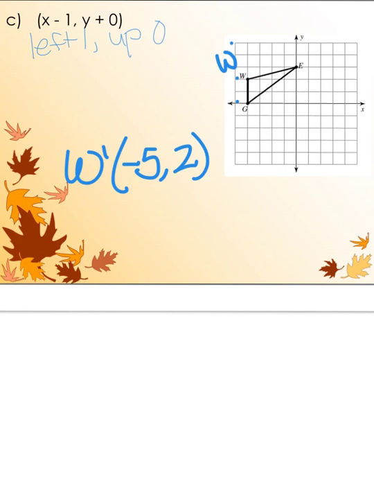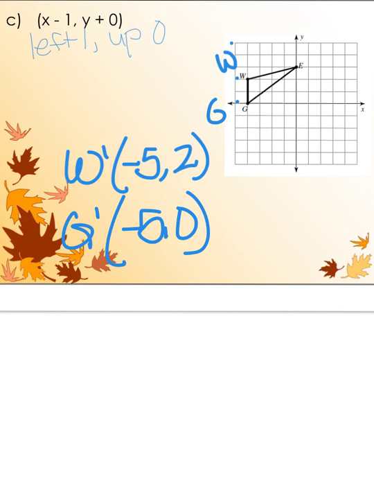G, 1 spot to the left. So G prime is at 1, 2, 3, 4, -5, 0. Oops, I forgot to label this one. E again, 1 spot to the left. There's E prime.